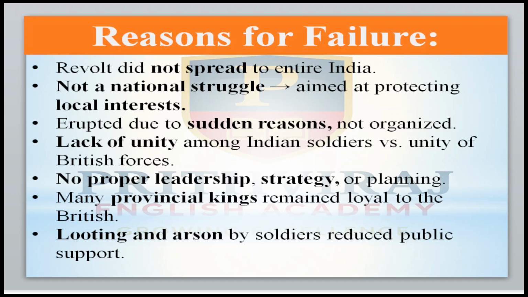There was a lack of unity among the Indian soldiers, versus unity among the British soldiers. There was no proper leadership, strategy or planning for the Indians. Many provincial kings remained loyal to the British. You may see there was no unity. Looting and excesses by the soldiers reduced public support.